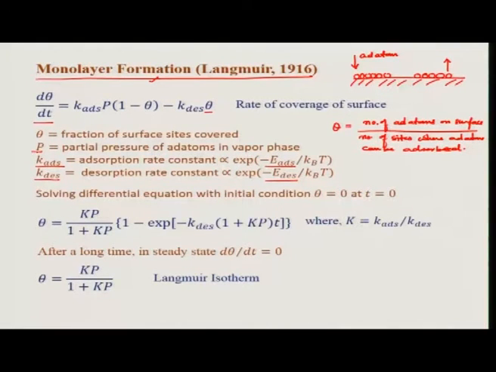So, if there are more adatoms in the vapor phase, they are more likely to cover the surface of the substrate. Now, desorption will depend on how much is covered, because no atom can be desorbed from an empty site, right.